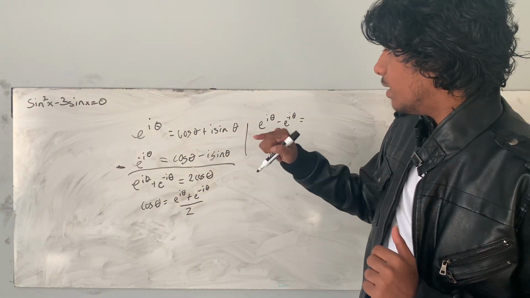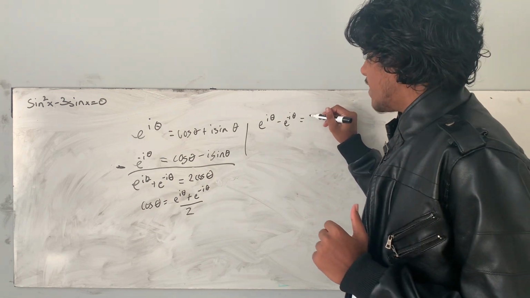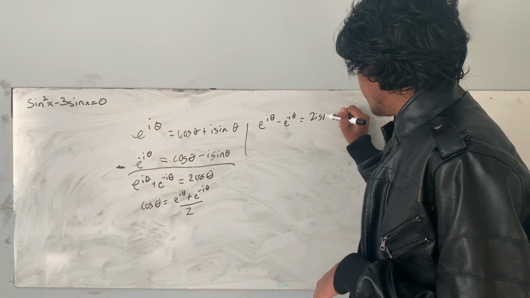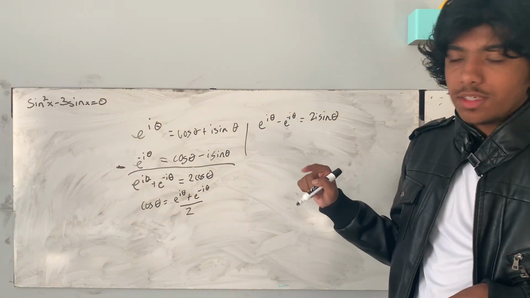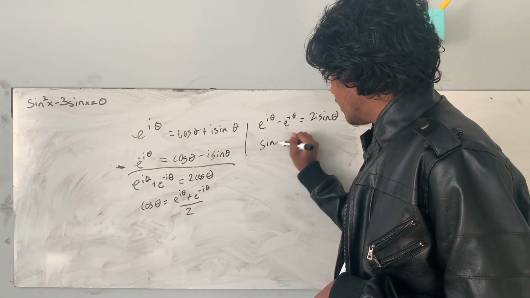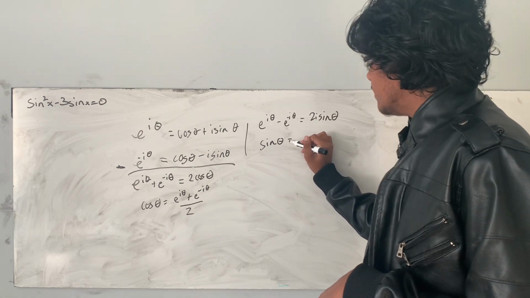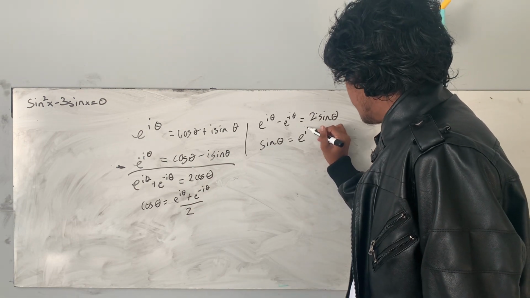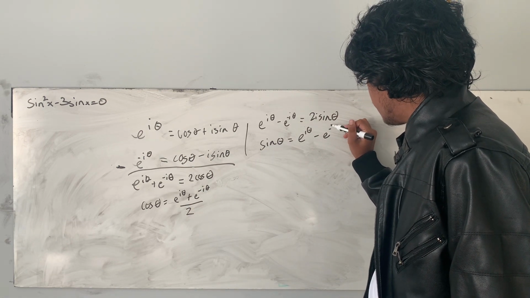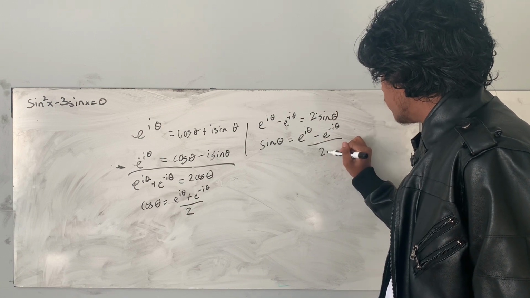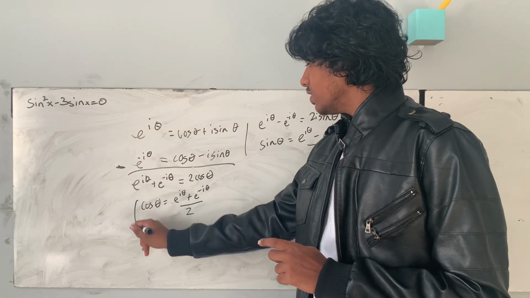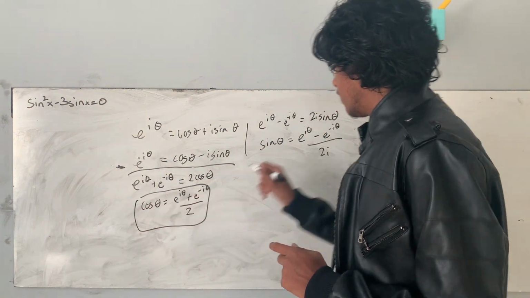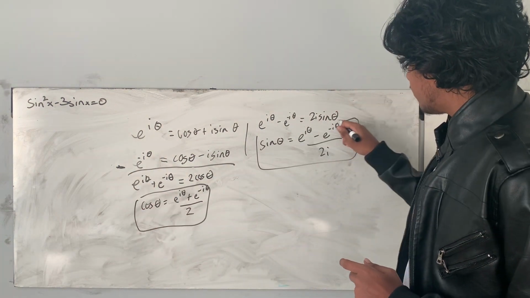This negative becomes positive because we're subtracting, and that becomes 2i sine theta. Now I can divide 2i on both sides, and I get sine theta in the complex world is equal to e to the i theta minus e to the negative i theta all over 2i. So now this is a complex definition for cosine, and this is a complex definition for sine.